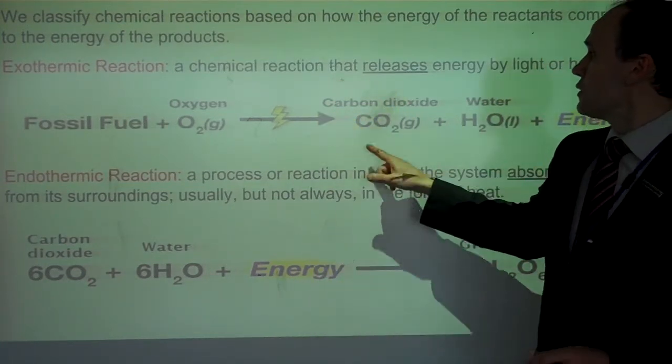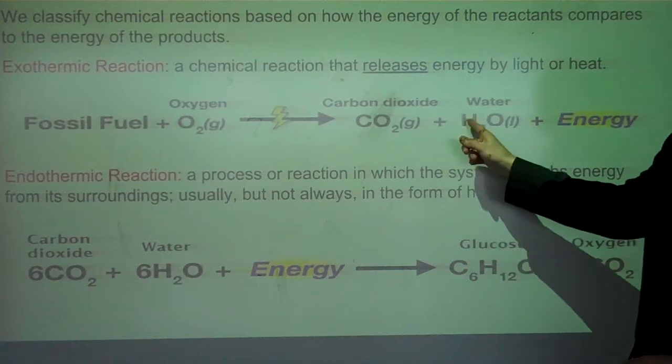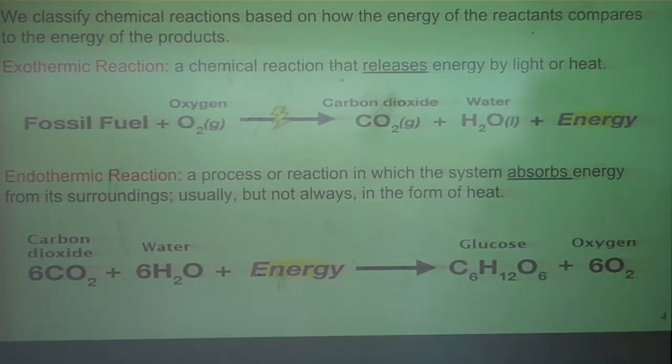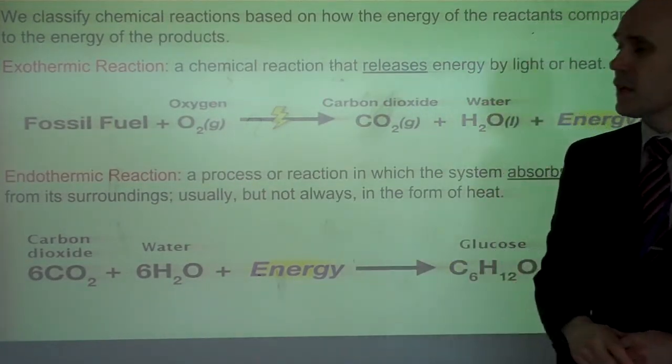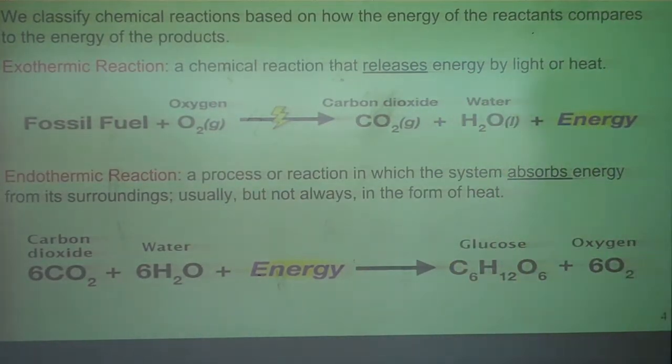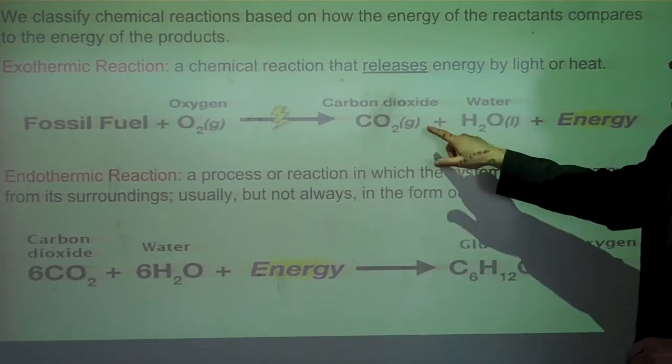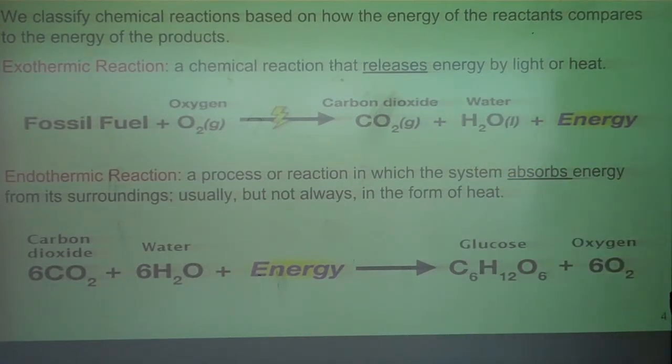So if you burn a fossil fuel, you release carbon dioxide, water and energy. And that heat is really a reflection of the bonds in the fossil fuel being broken and combining with the oxygen and producing low energy carbon dioxide and water, and that difference in energy is the heat that you feel on your hands.